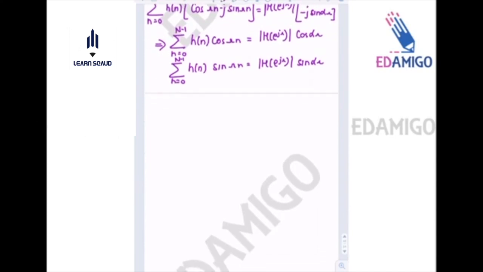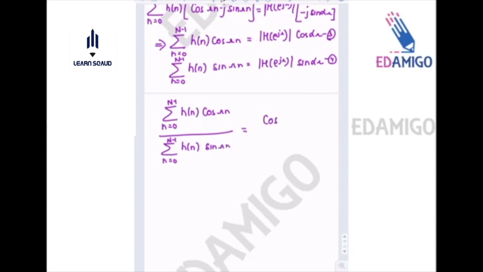Now let us say that this is equation number 3, this is equation number 4. Now taking the ratio of 3 and 4, we get cos of alpha sigma divided by sine of alpha sigma.